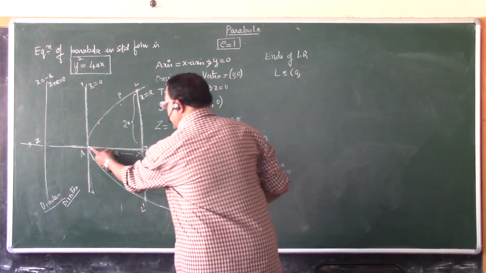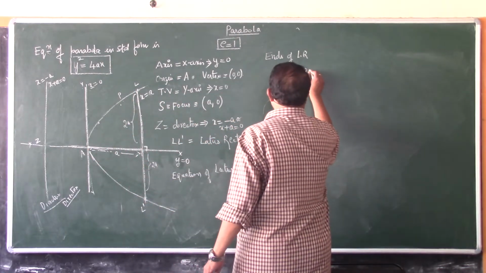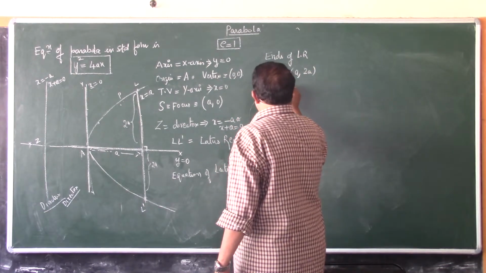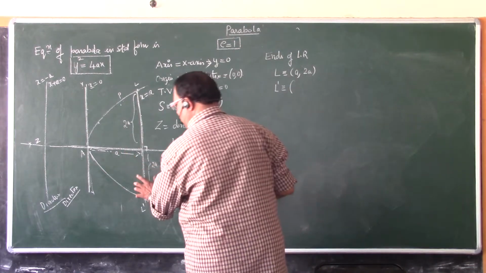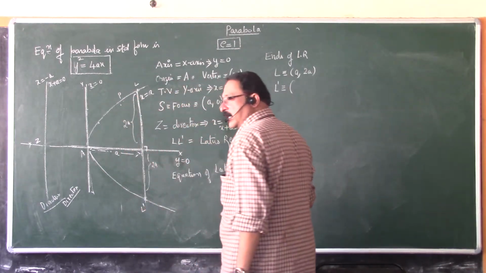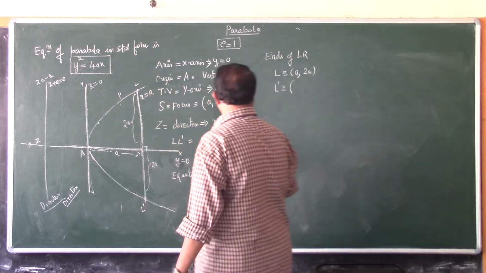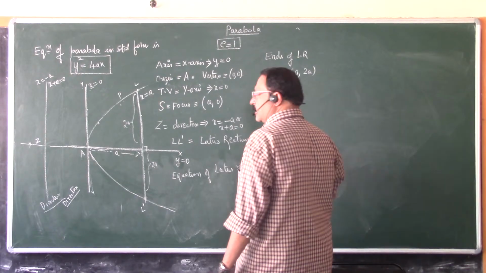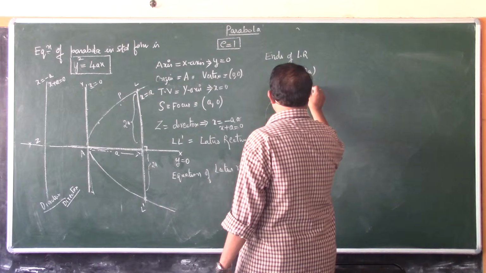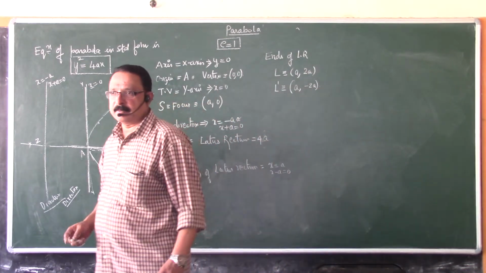So this is a, and how much is this? 2a. And what is L dash? Now L is in the first quadrant, L dash is in the fourth quadrant. First, second, third, fourth. So what should be the coordinates of L dash? a comma minus 2a.